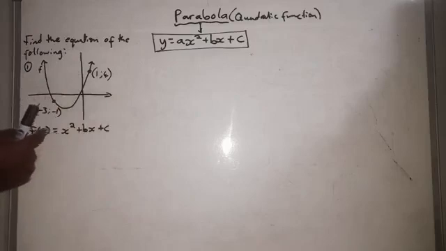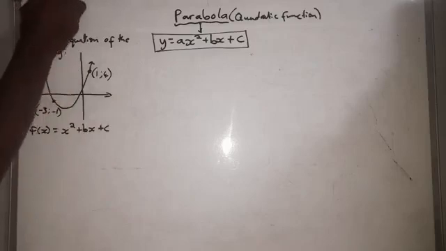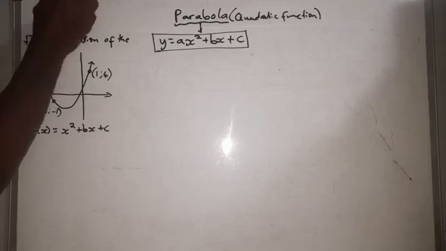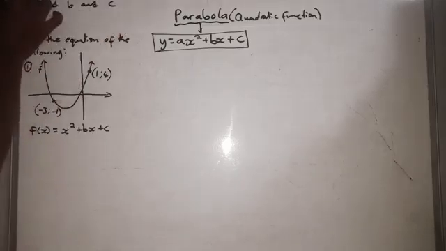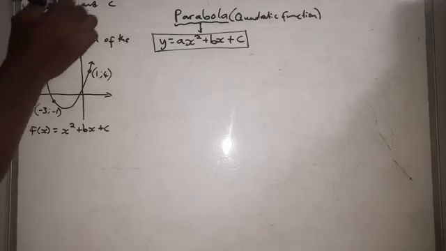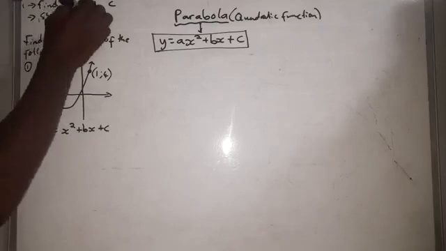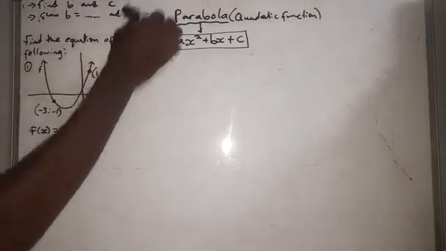An alternative of this question, they will say find B and C. Or they can say prove that or show that. In paper one, they like to use the word show. Show that B equals how much and C equals how much.